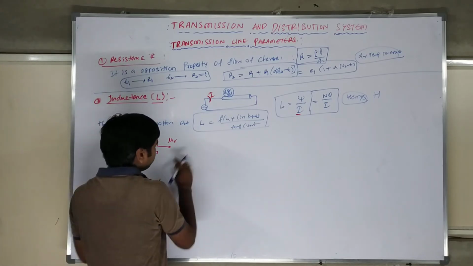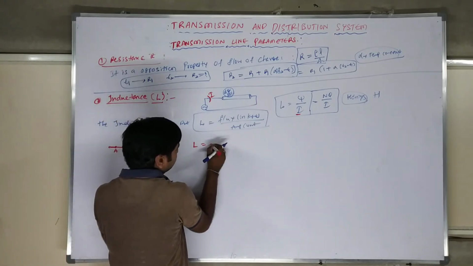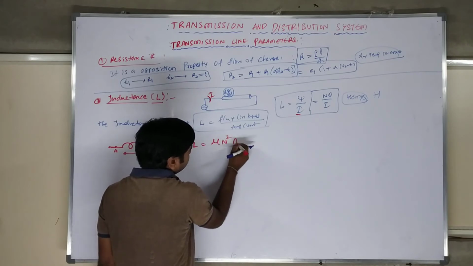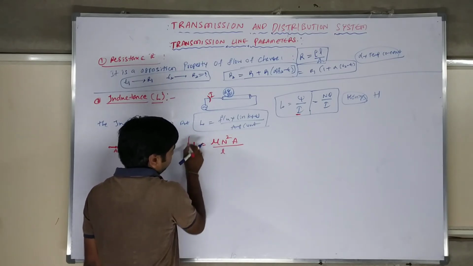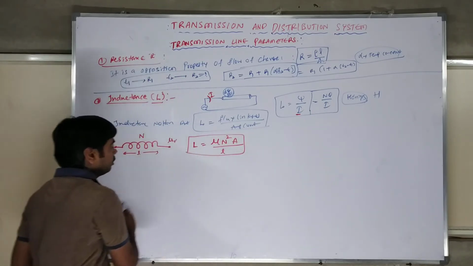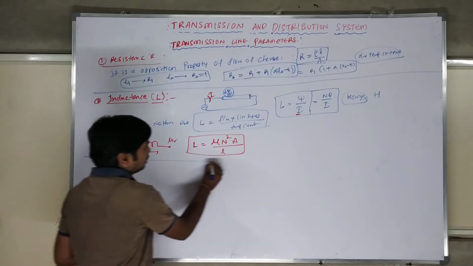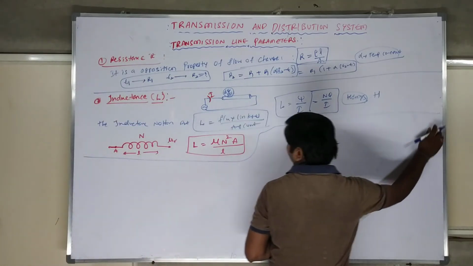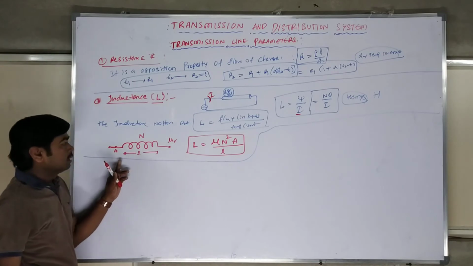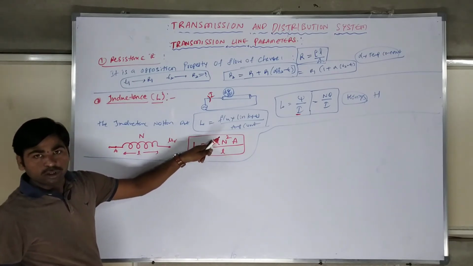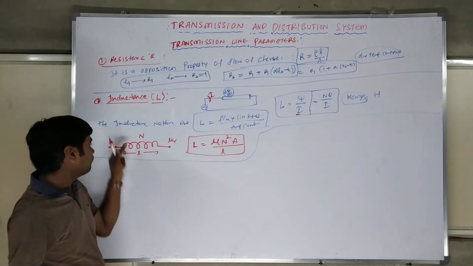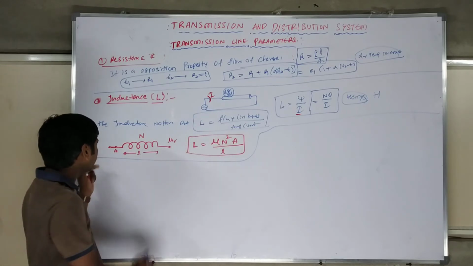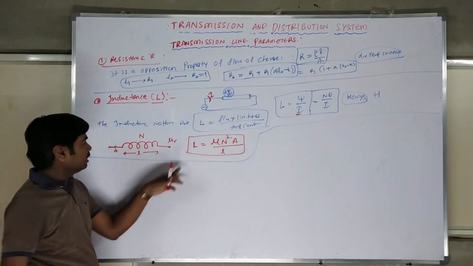The inductance value L is equal to mu N squared A by l. Here mu is the permeability, N is the number of turns, A is the cross-sectional area of the conductor, and l is the length of the coil.